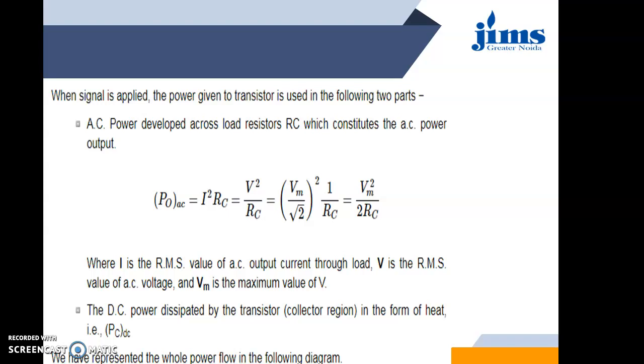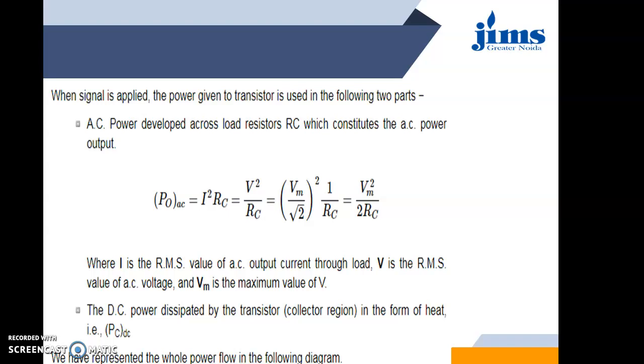The DC power dissipated by the transistor is in the form of heat. So even across the transistor, the power we get is not entirely the AC power which we get at the output, but there is a small amount of power which is dissipated inside the transistor at the collector region in the form of heat, which is given by PC.